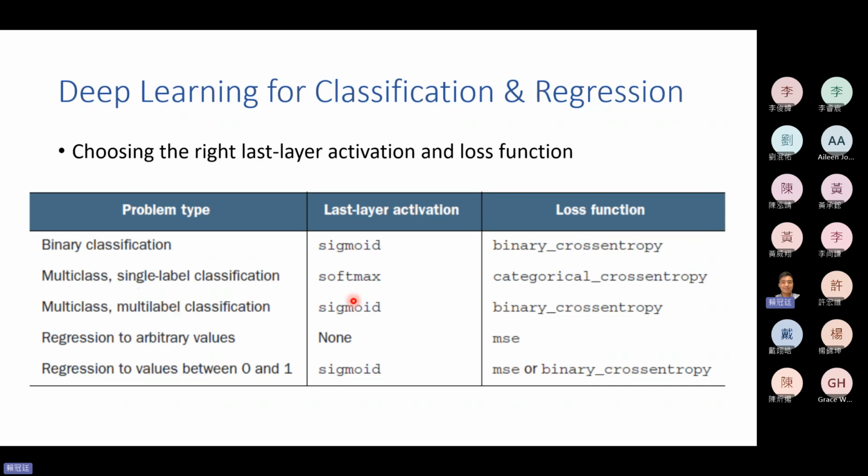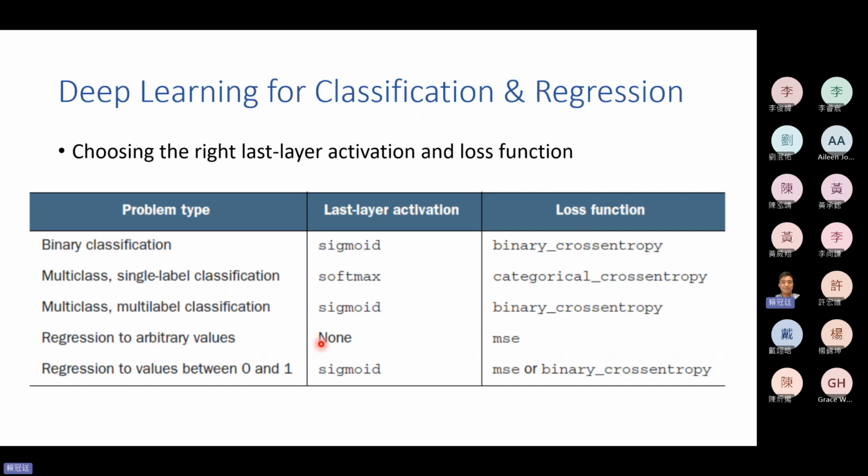And then for multi-class, like MNIST classification, we use softmax, right? And the categorical cross entropy. This is a rare problem because it's not easy for a model to identify multi-label in one image or one data sample.